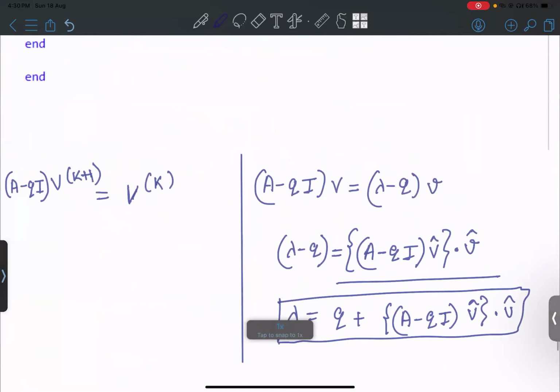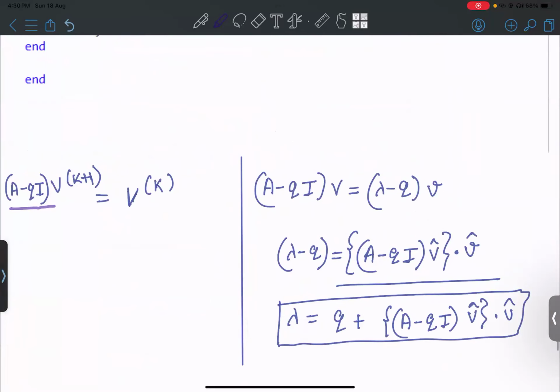Na? (A minus qI) v at the k plus 1th iteration will be equal to v at the kth iteration.